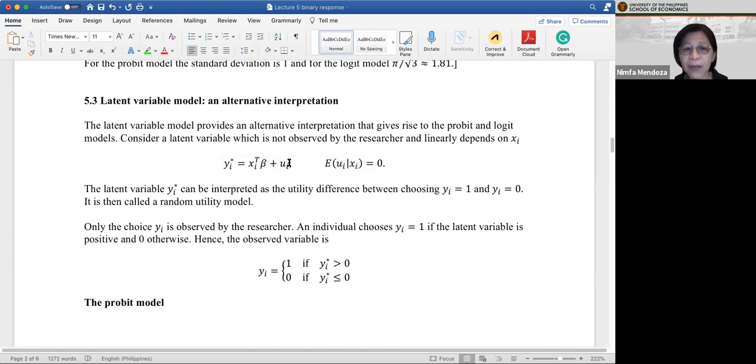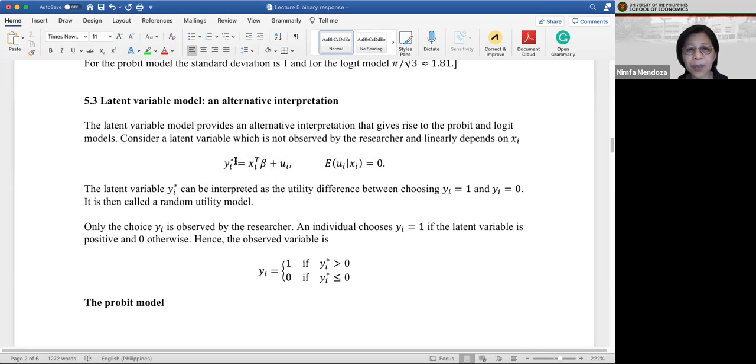Then here we have u sub i with the usual exogeneity assumption: the expected value of u sub i given x sub i is equal to 0. So we're not worrying about endogeneity here. The problem we're trying to address is this.